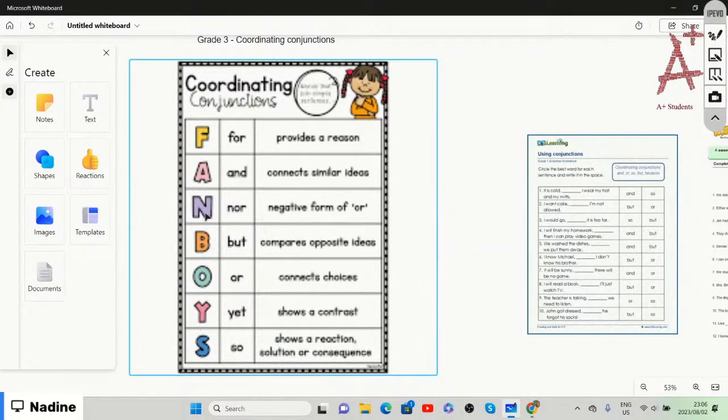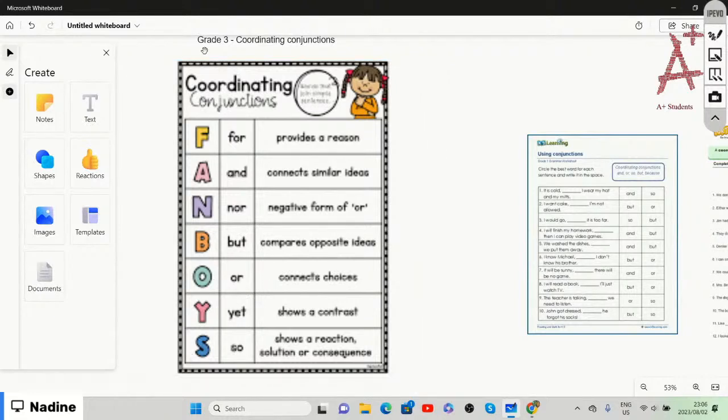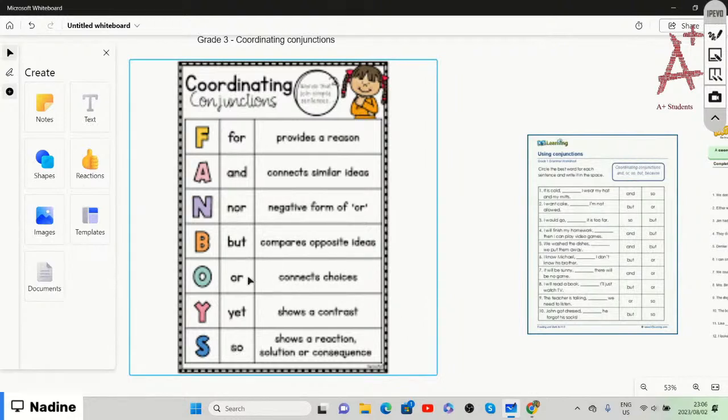But the FANBOYS is just one word that is shortened, almost like an abbreviated word, and it stands for for, and, nor, but, or, yet, so. So, of course, the most common ones that we mainly use are and, but, or, and so, right? But these are coordinating conjunctions, the seven ones, but we mainly use the four.